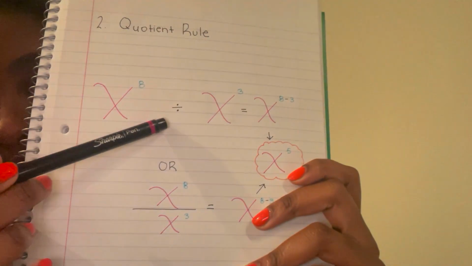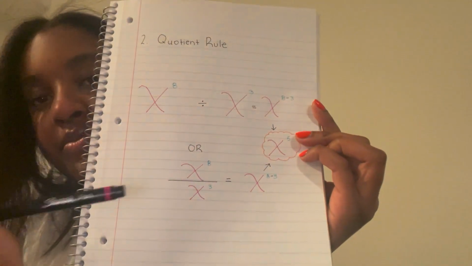Like with the product rule, where I said you're thinking about multiplication and addition, the quotient rule is the complete opposite. The quotient rule is dividing an expression using division, and you're going to have to subtract the exponents. With the quotient rule, or just division in general, you can write the division sign as we all know it like this, but we can also illustrate division by writing a fraction.